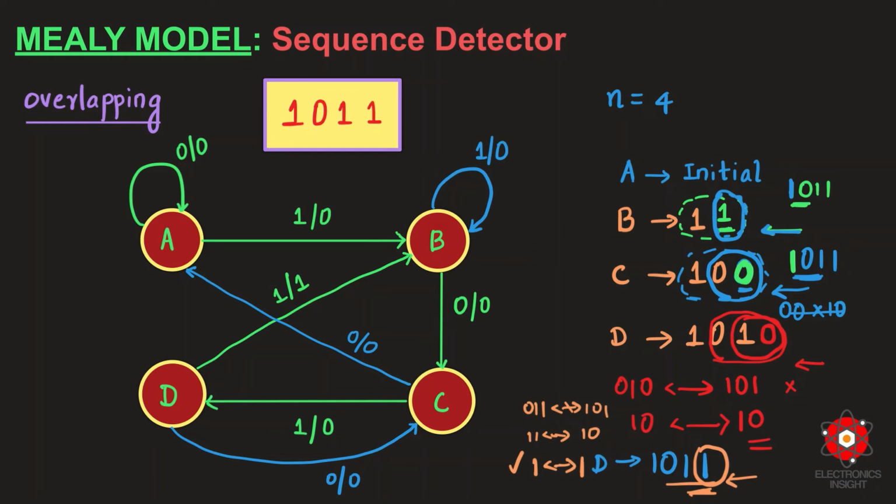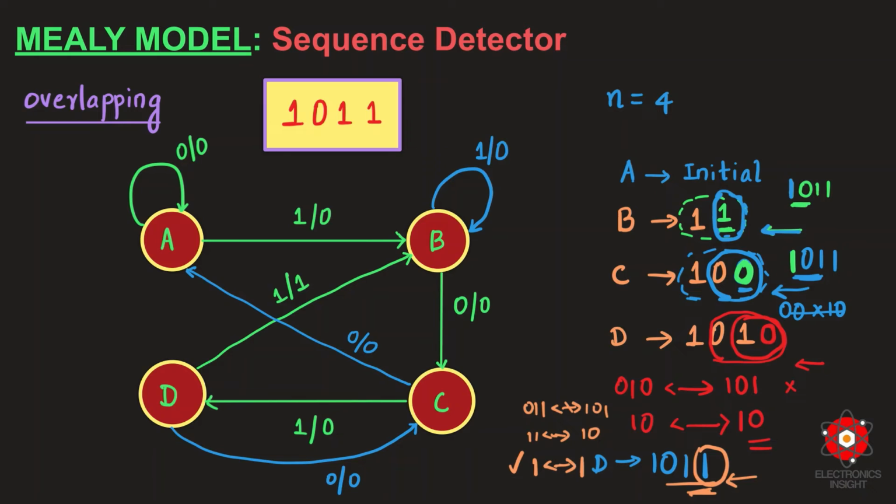Okay? So that's how, because you should not stop when you have received 1011. Yes, 1011 I have received. So 1011 and 1011, you should not stop at D itself. You should complete the sequence detection. The sequence detection gets completed only when you reach B. If you are going to reset and go back to A, it will reset.